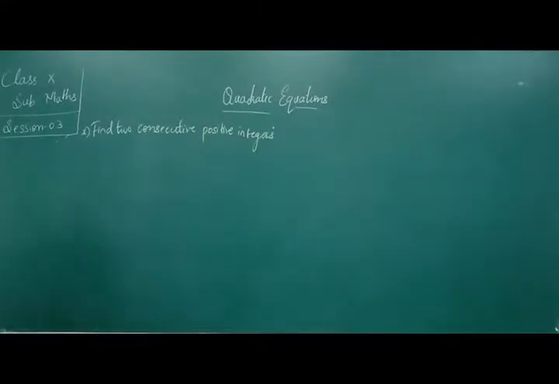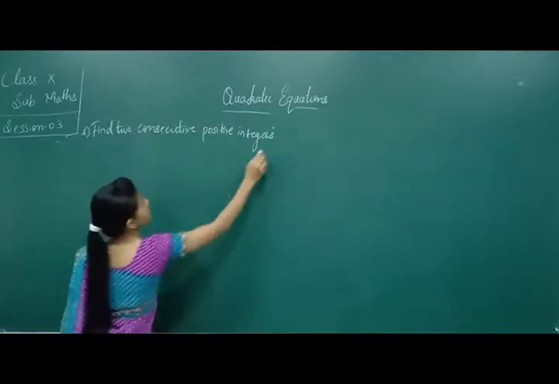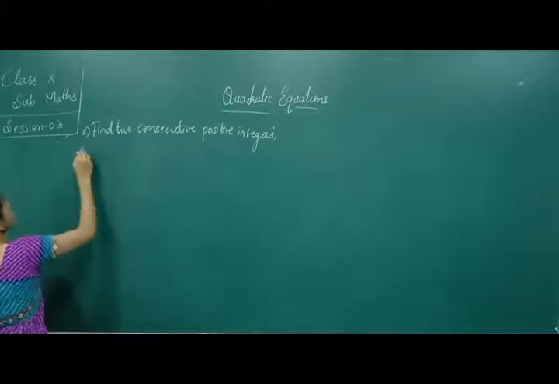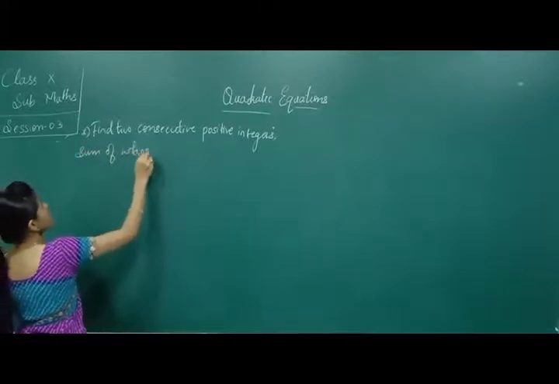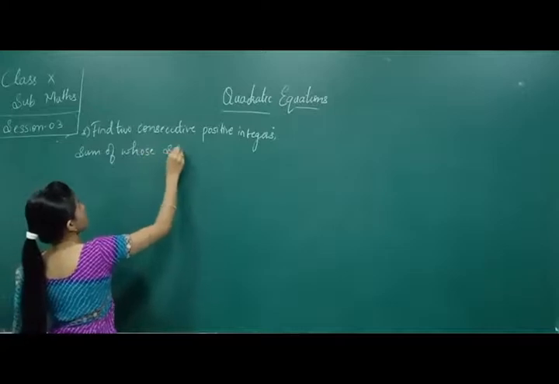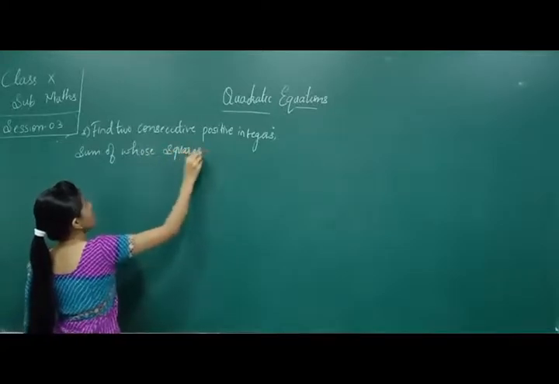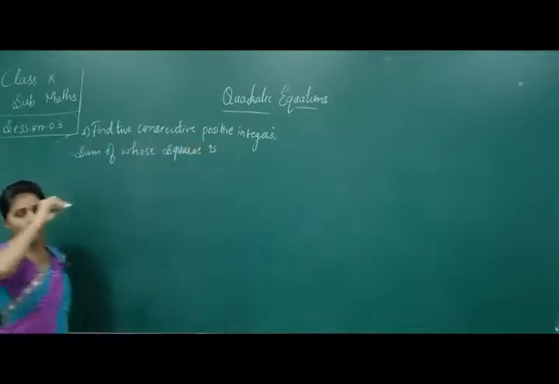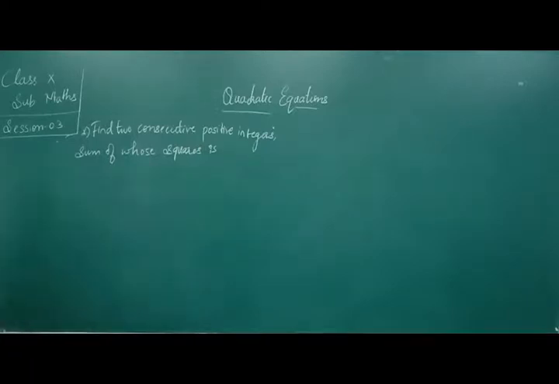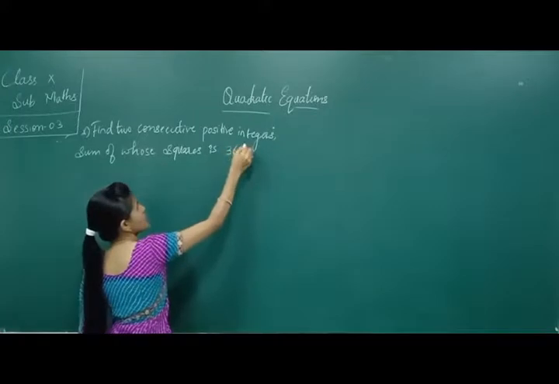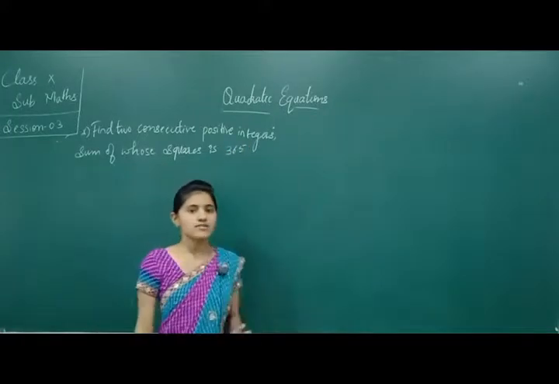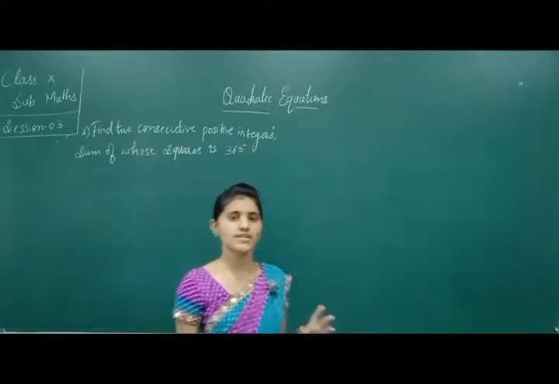Consecutive positive integers, the sum of whose squares is, how much is the sum given? It is 365. See, they have asked us to find two consecutive integers.